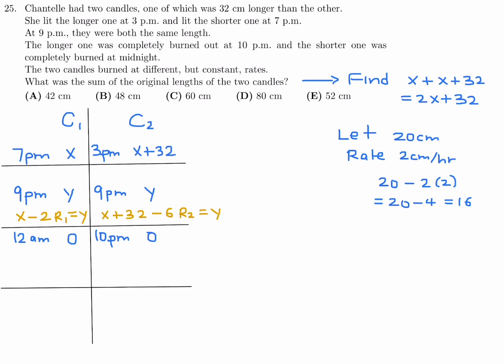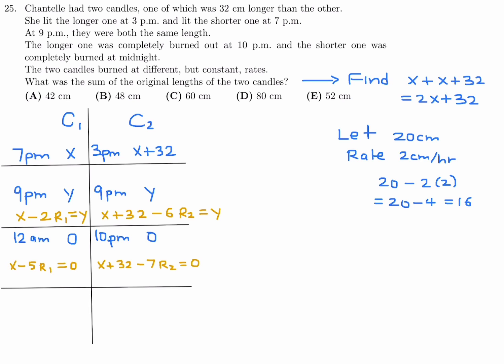So it's X minus 5R1 is equal to 0. And then for this guy, it's 3 to 10, which is 7 hours. So X plus 32 minus 7R2 is equal to 0. So these are our equations that we are going to use to solve.